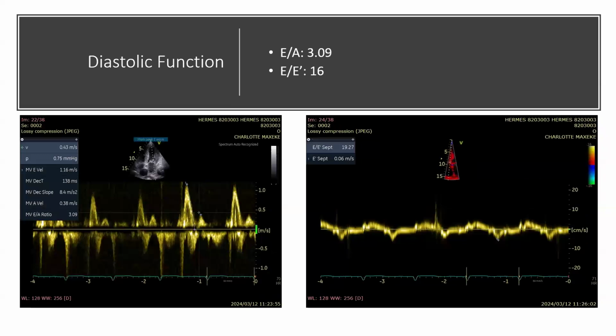And he had grade 3 diastolic dysfunction evidenced by the very steep deceleration time with an E/A of at least 3, signifying a restrictive filling pattern, and an E/E prime of 16, signifying very high filling pressures.